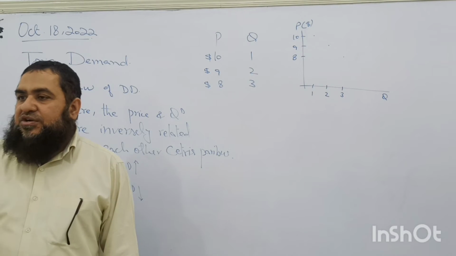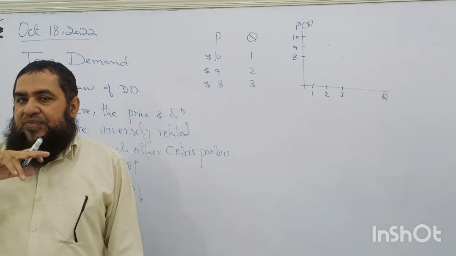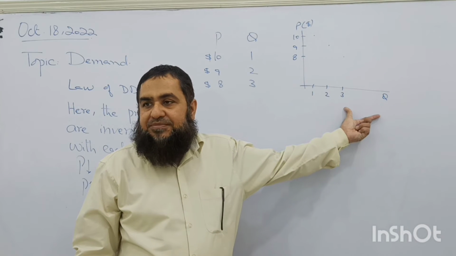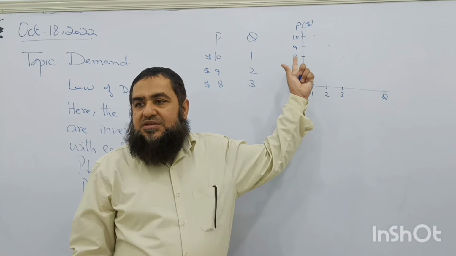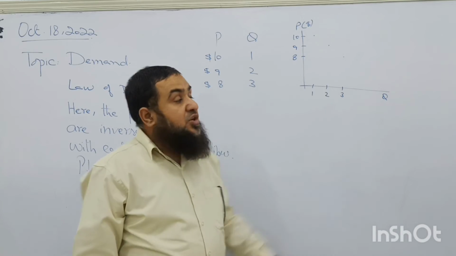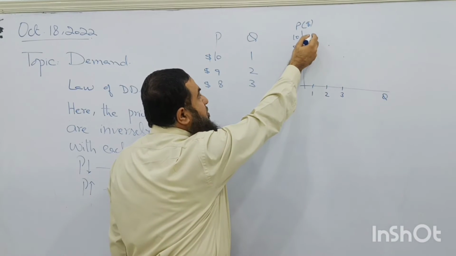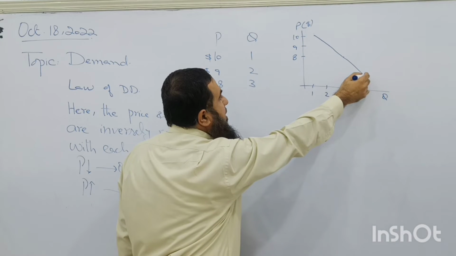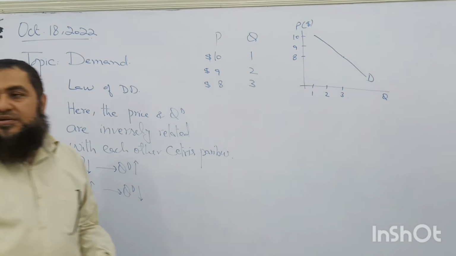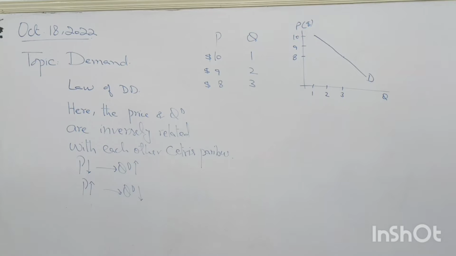Clear? We have different dots on this axis. On the x-axis I am taking quantity demanded, and on the y-axis the price is taken. So if I join these points, please be attentive. If I join these points, this is what? The demand curve.